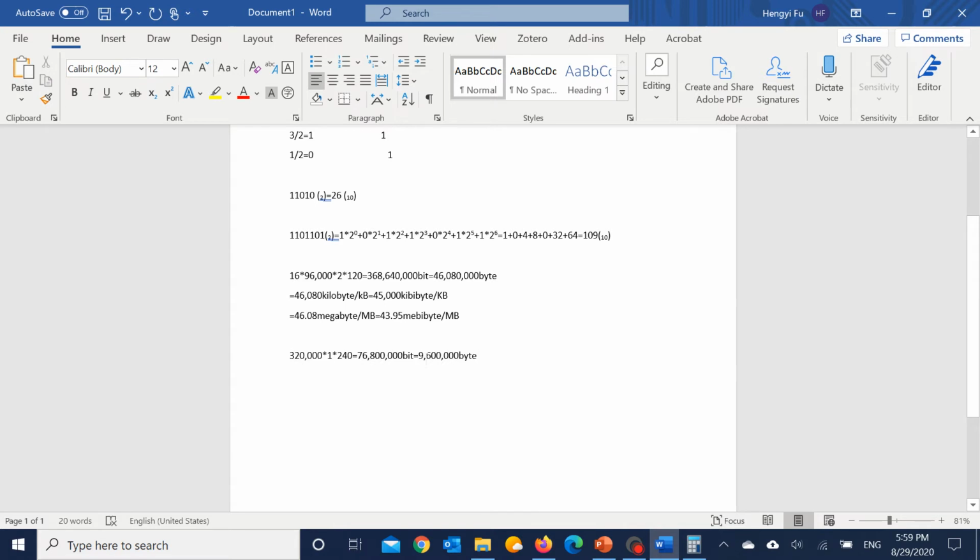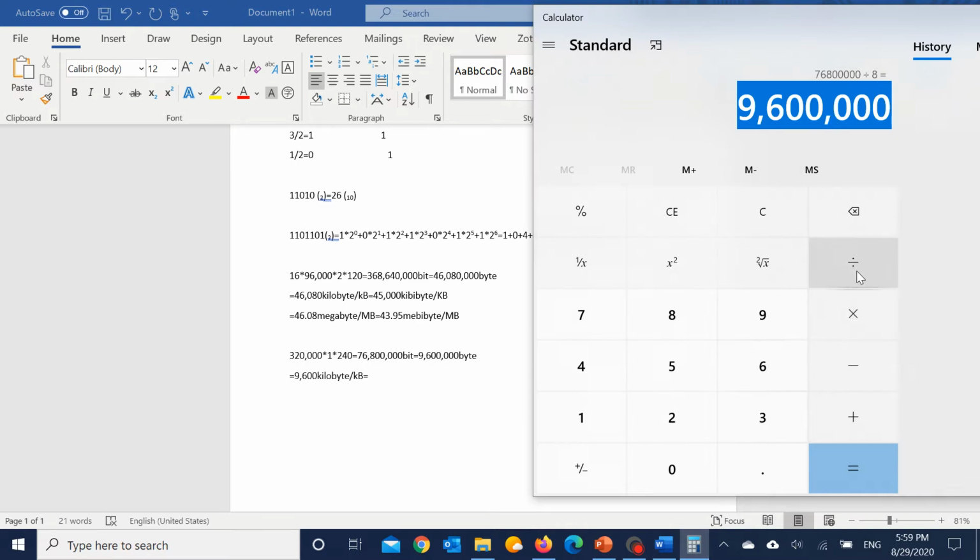Okay, now you can convert this number to KB, either 9,600 kilobytes or you can divide this number by 1024.